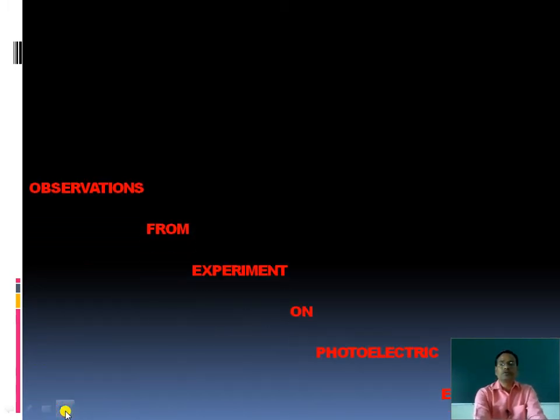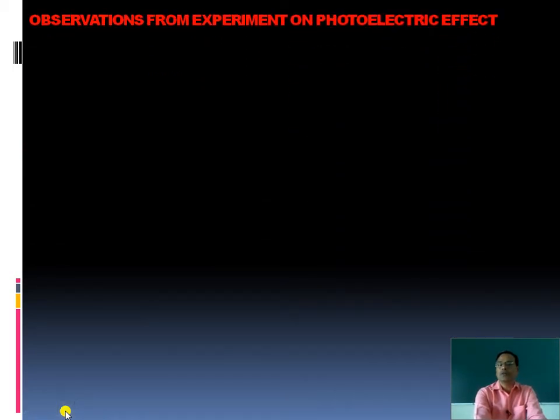These observations are very important. We can say that these are the characteristics of the photoelectric effect which were explained experimentally. So the observations from the experiment on photoelectric effect, we have to discuss now.